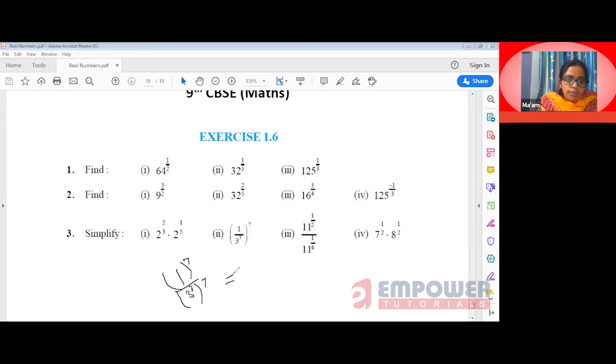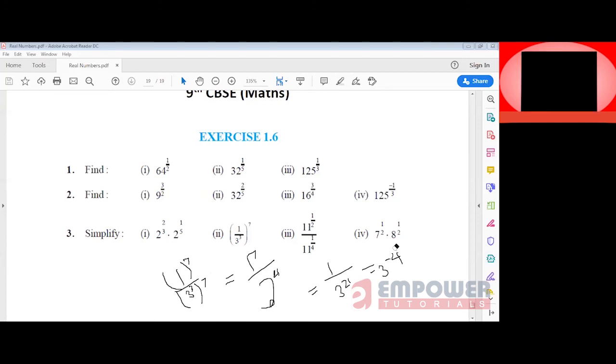So this will be 1 raised to 7 and 3 raised to 21. Or I can write it, so the 7th root of this will be 1 upon 3 raised to 21. So I can write it down as 3 raised to minus 21. Can I write in this form? This is not 4, okay, this is 21. This is looking like 4, but it's not 4, this is 21.